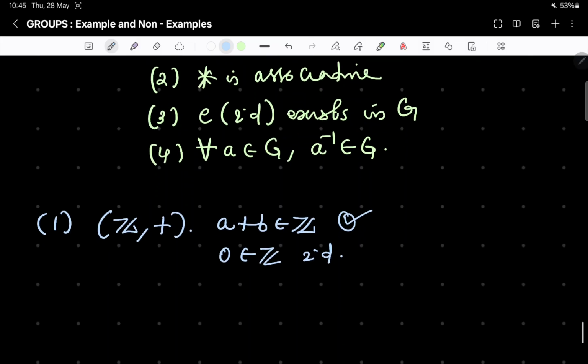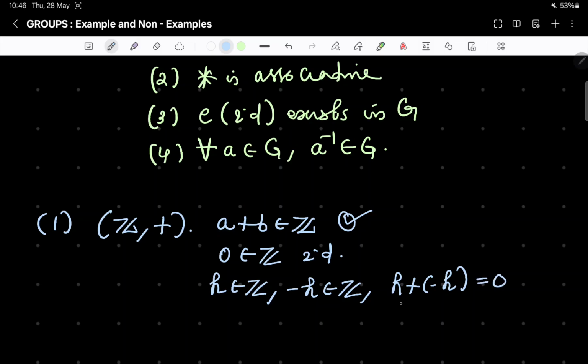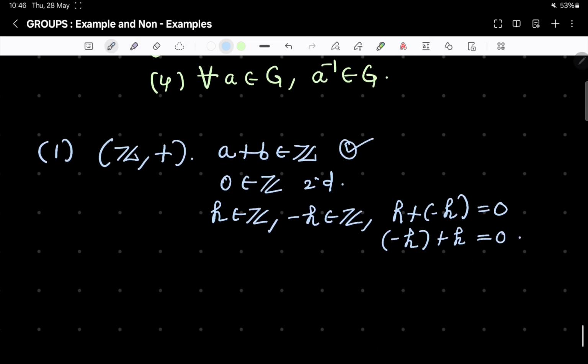If you add 0 to anything, you get back that number. Now for any h in Z, you have minus h in Z, so that h plus minus h equals 0, as well as minus h plus h also equals 0. So it is a group.